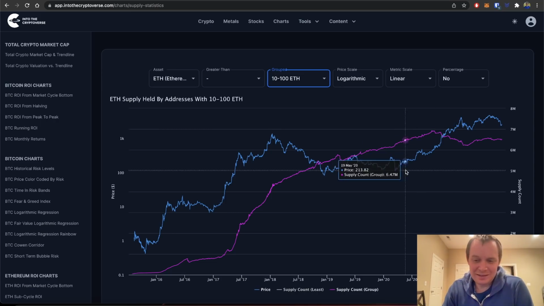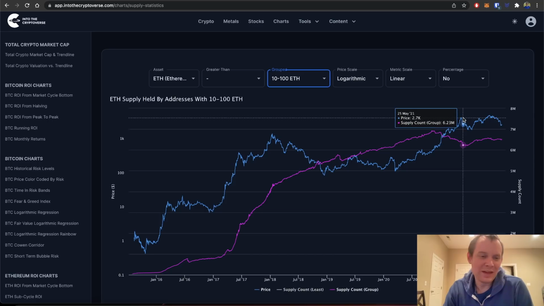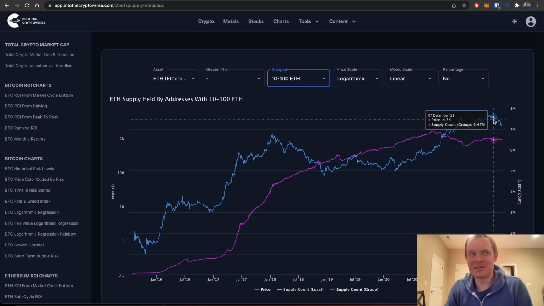When I see an asset go up from $100 to $4,000, it's hard to not take profits. Because you're talking about a 40x move, right? A 40x move. But then to go from 2,000 to 4,000, it's only a 2x move. So I wasn't as inclined to take profits. Okay. So again, I'm not sharing this to just say, oh, look at me, I got it wrong.